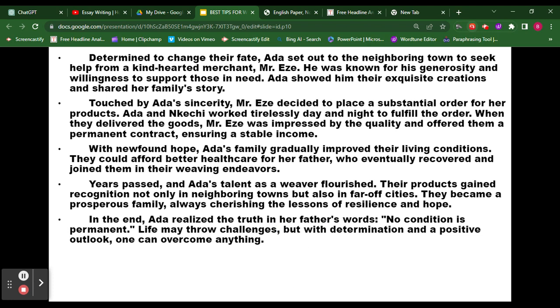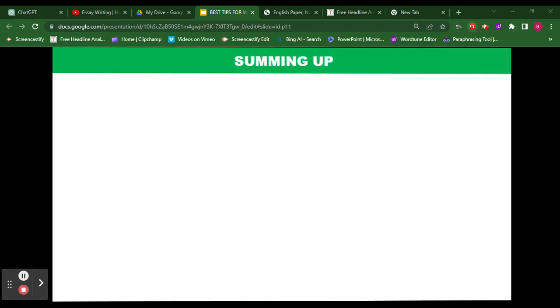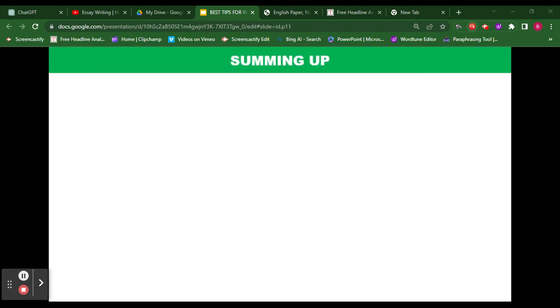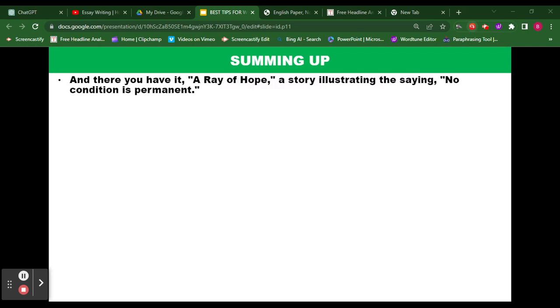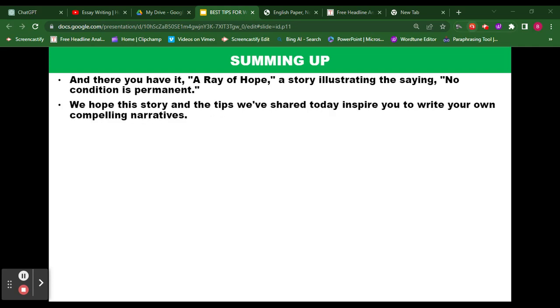All right, so that is exactly the story, and this, of course, brings us to a point where we sum up everything. And there you have it, a ray of hope, a story illustrating the saying, "No condition is permanent."